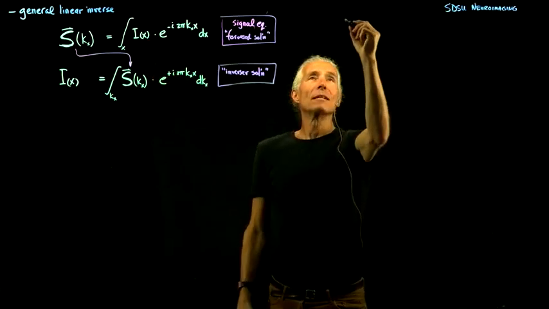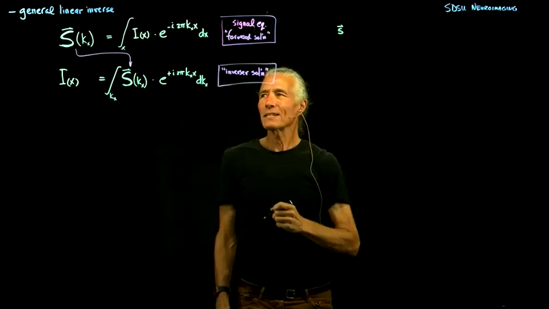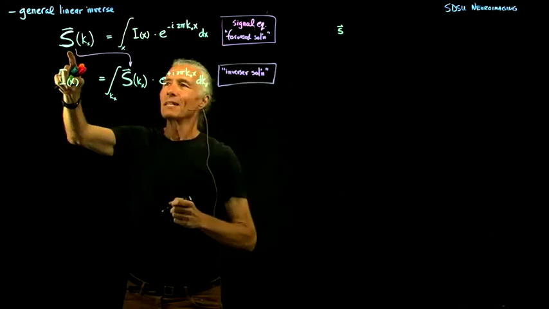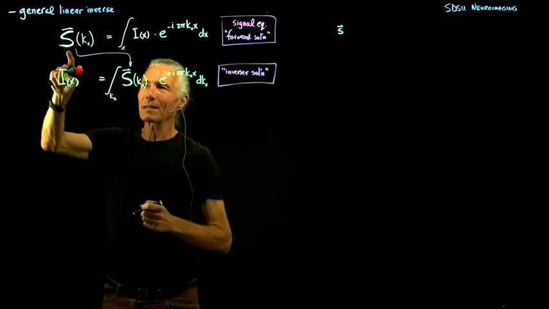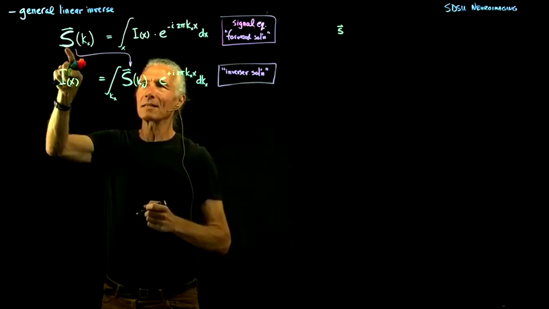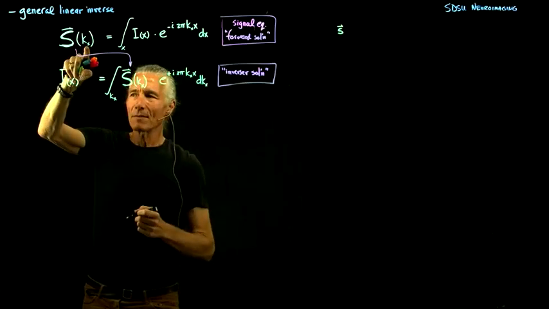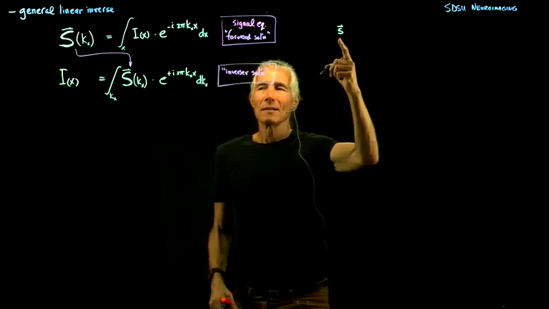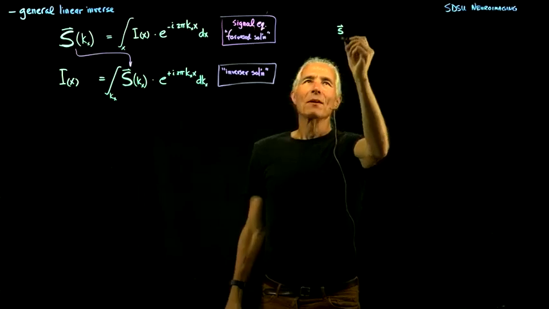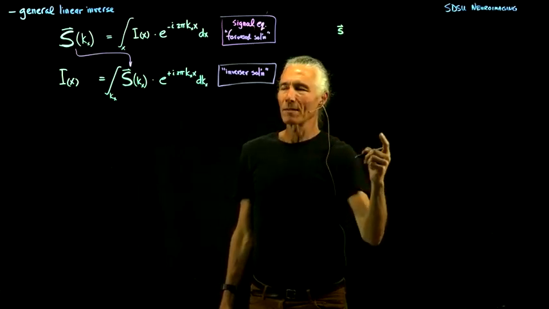I'm using this same s here, but that's a small s for essentially the vector of complex numbers. Because for each spatial frequency, we have a complex number. So here's a vector, and that vector consists of a whole string of complex numbers.